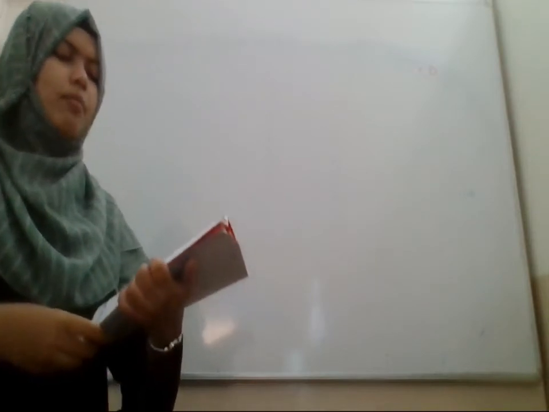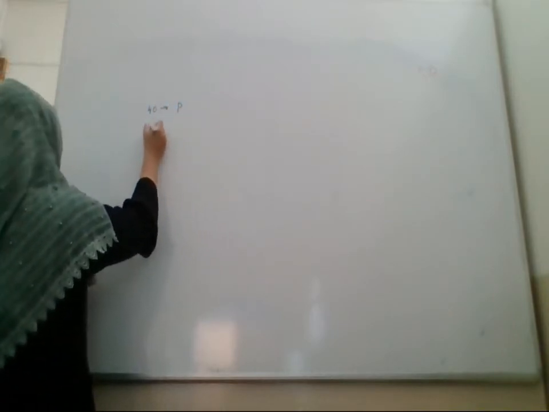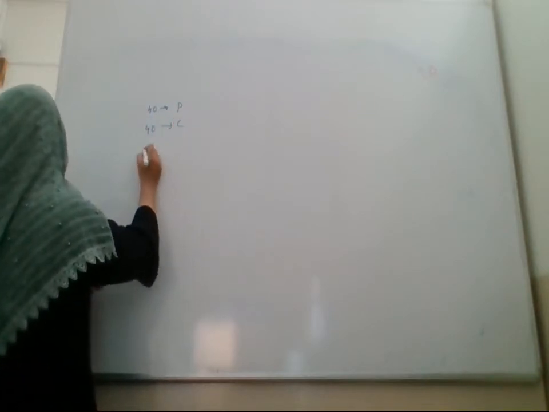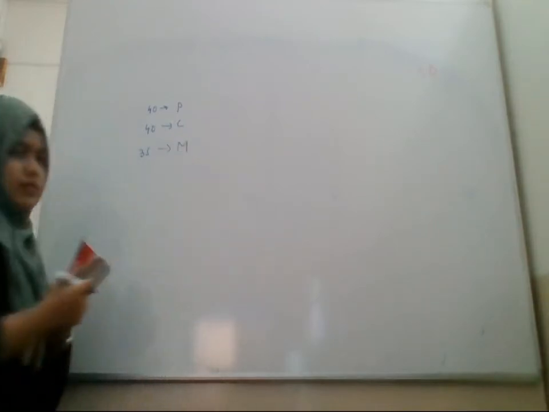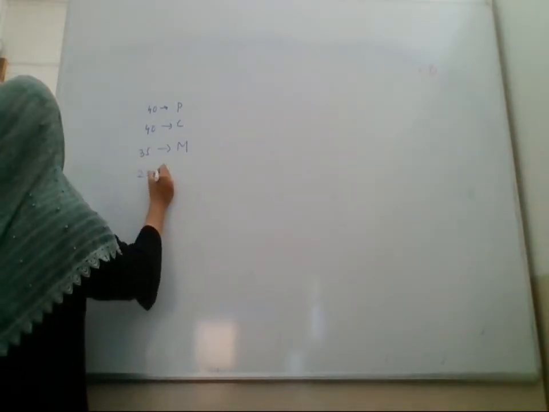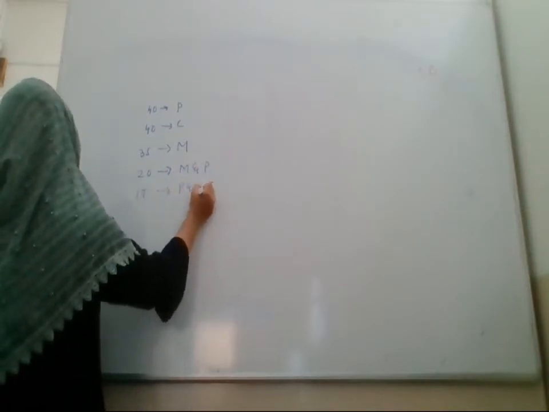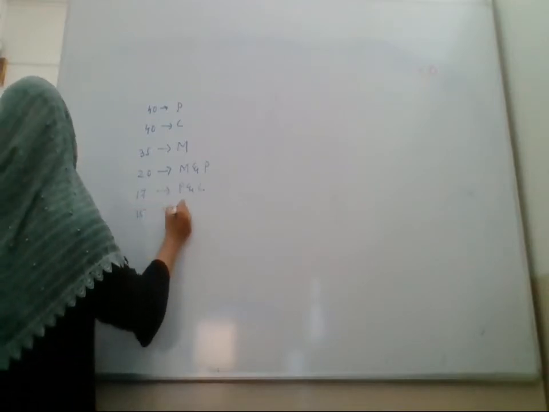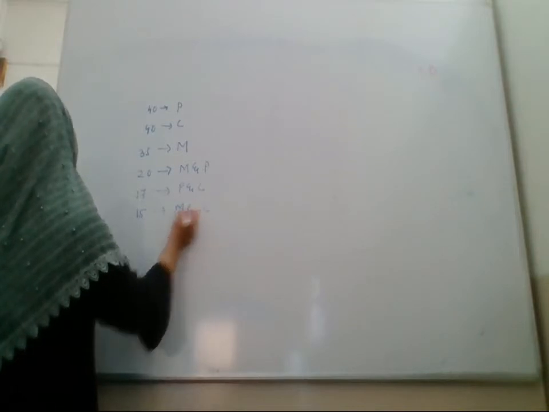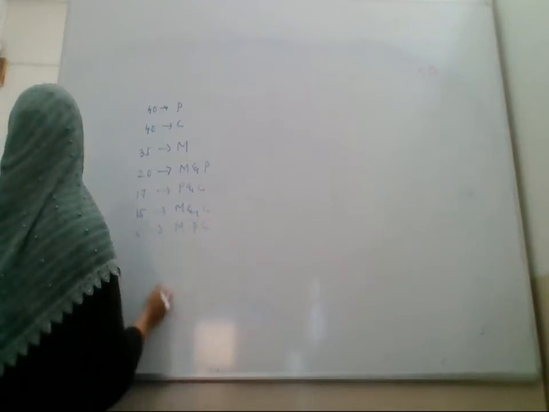So the question is, in a board examination, 40 students fail in physics, 40 in chemistry, and 35 in mathematics. 20 fail in maths and physics, 17 fail in physics and chemistry, and 15 fail in maths and chemistry, and 5 fail in all subjects, maths, physics and chemistry.